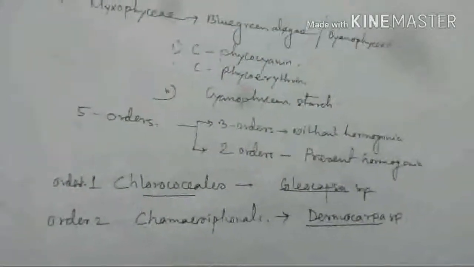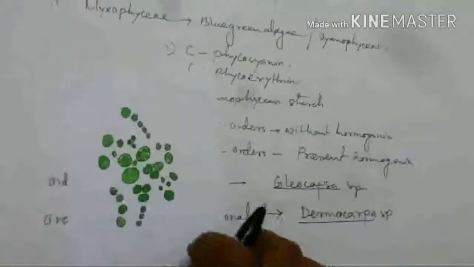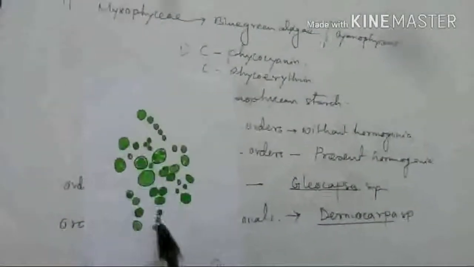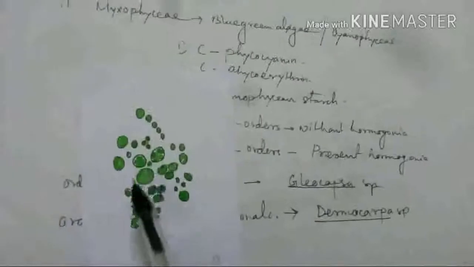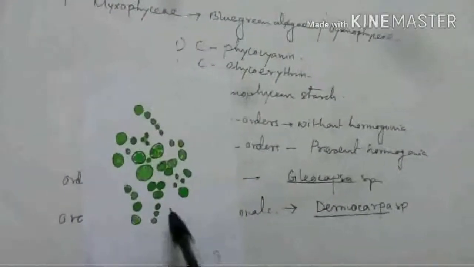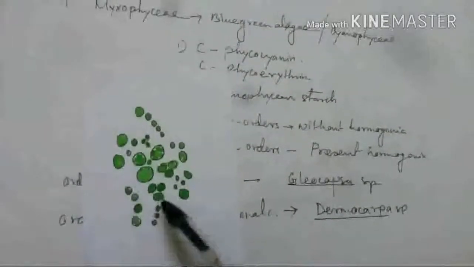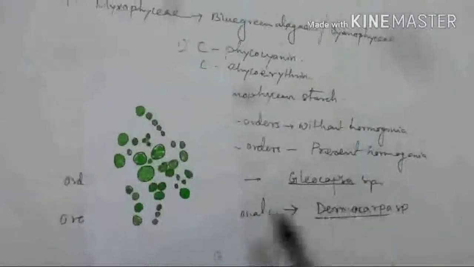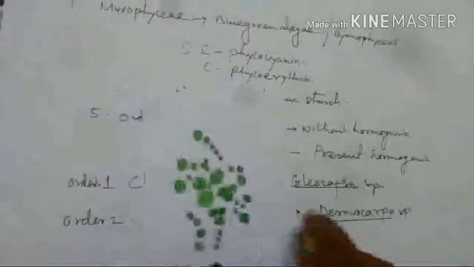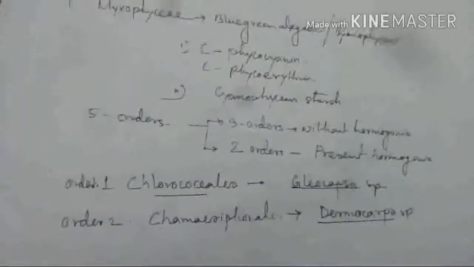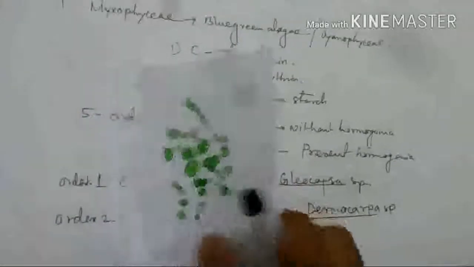Here the algae is a marine species, morphologically spherical in shape and unicellular. We found this is a unicellular cyanobacteria. So this is a Dermocarpa algae. Here also hormogonia are absent.